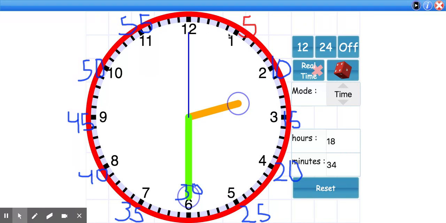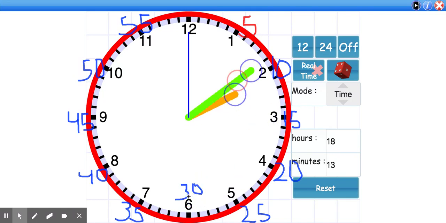So if I count by my fives, 5, 10, 15, 20, 25, 30, I know it is now 2:30. All right, let's try one more for today because I know this can be a little confusing.